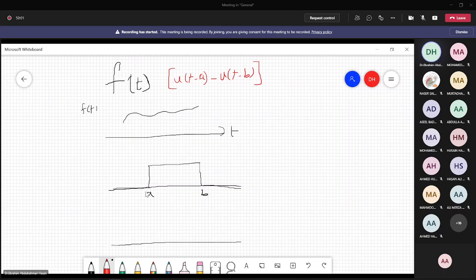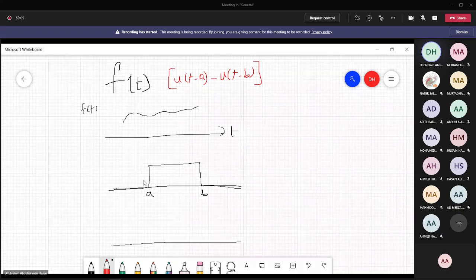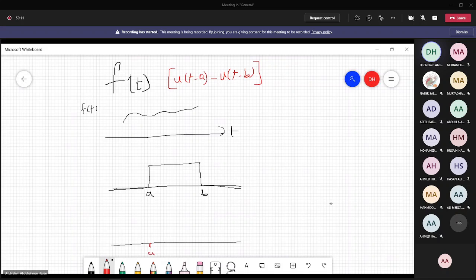Before A, whatever we have here is multiplied by 0, because here it is equal to 0. So this is A, and this is B. Before A it is equal to 0, and after B, again, it's equal to 0, because this is 0 multiplied by f of t. Between A and B, this is 1.